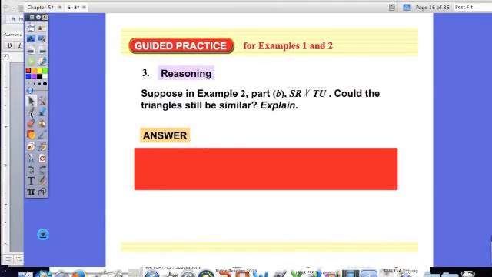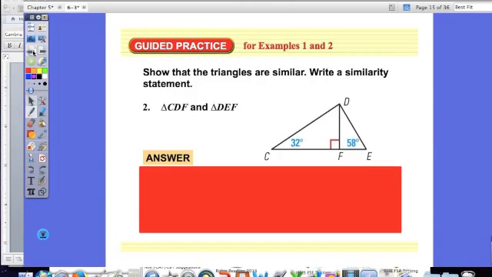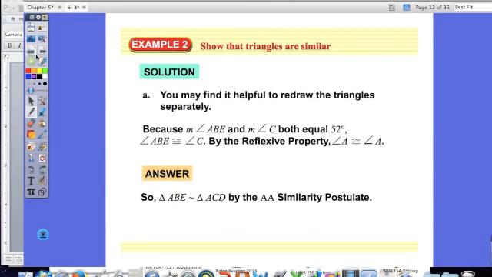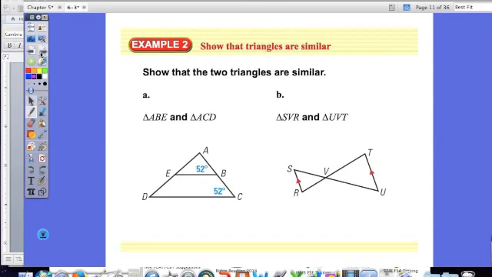Problem number 3, they ask us, suppose in example 2, the 2 lines, SR and TU, were not parallel. Could the triangles still be similar? So let's go back and look at this problem. This is the problem that they were talking about. Okay? If these 2 lines were not parallel, if you remember, we talked about SU being congruent or TR being congruent.